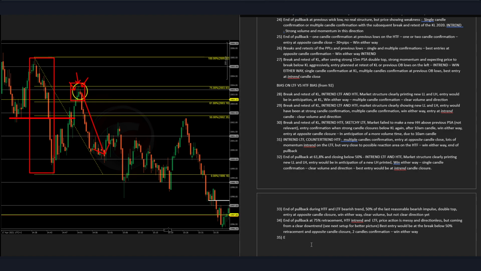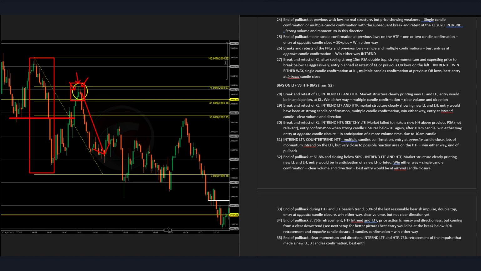Much clearer. So, end of pullback, clear momentum and trend and direction. In trend, lower time frame and high time frame. 75% retracement of the impulse that made a new lower low. 3 candles confirmation.